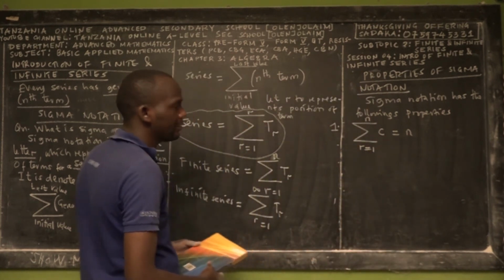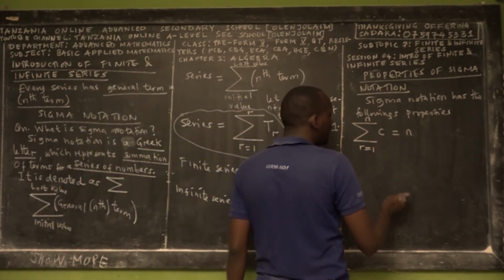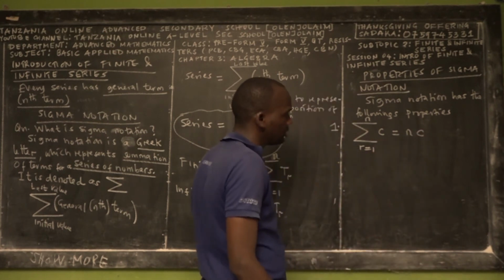It's not a formula. So the last term is a constant number, and this is equal to n times this constant number, which is C.